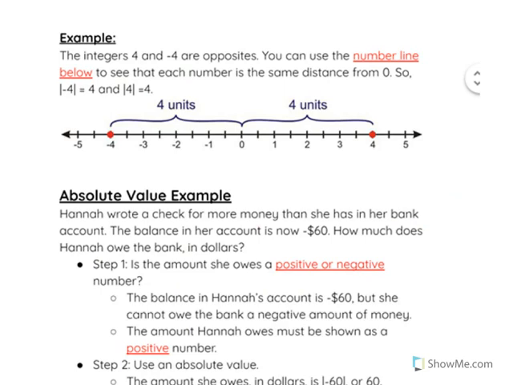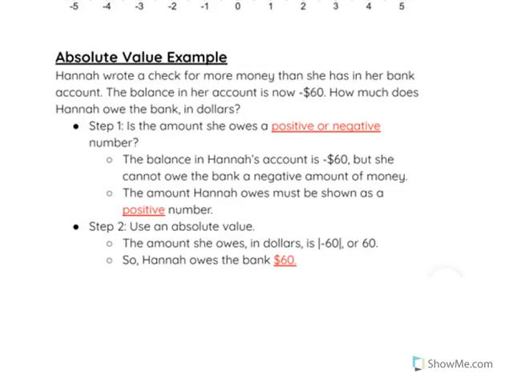You can use the number line below to see that each number is the same distance from 0. So the absolute value of -4 is 4, and the absolute value of 4 is 4. All right, because we're talking about how many units from 0 these numbers are. So the absolute value will be 4.